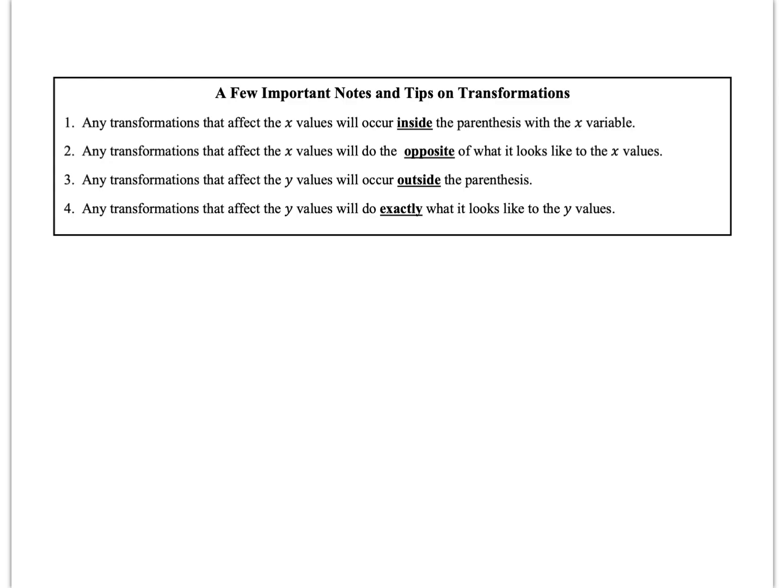So you're either going to flip the sign if it's a horizontal translation, or if it's a dilation, you're going to do the reciprocal. And then any transformation that affects the y values is going to occur outside of the parentheses, and it's going to do exactly what it looks like to the y values.